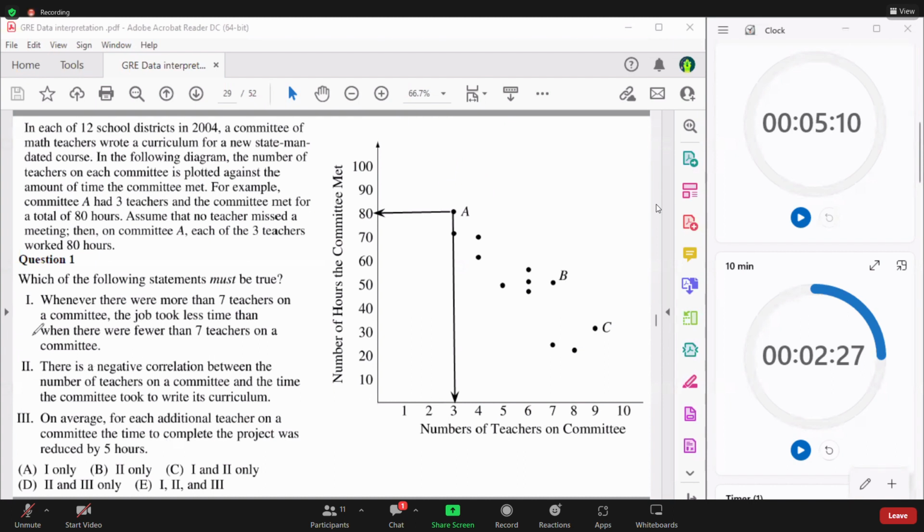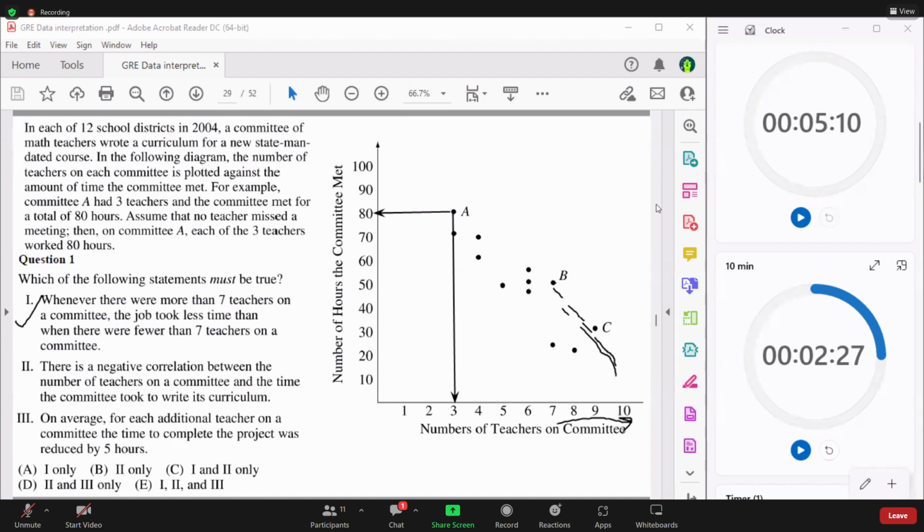Now, which of the following are true? Whenever there were more than 7 teachers on the committee, the job took less time than when there were fewer than 7 teachers. So, as the number of teachers increases after 7, the time taken is less. So, yes, you can see there is a negative correlation. So, this one is true.